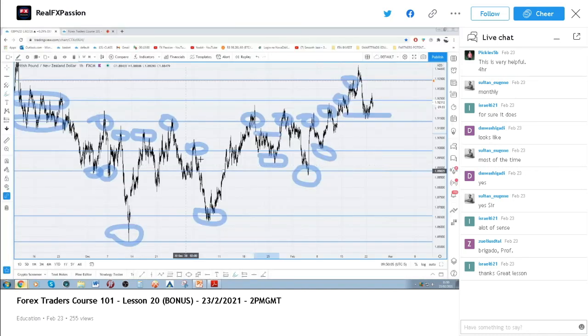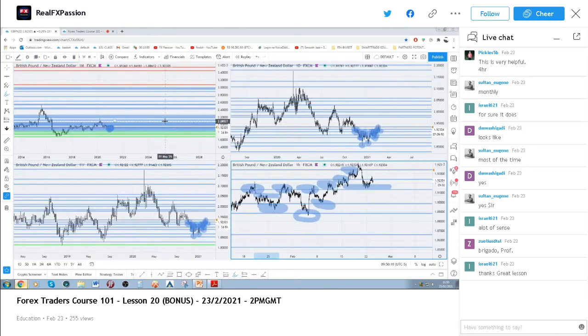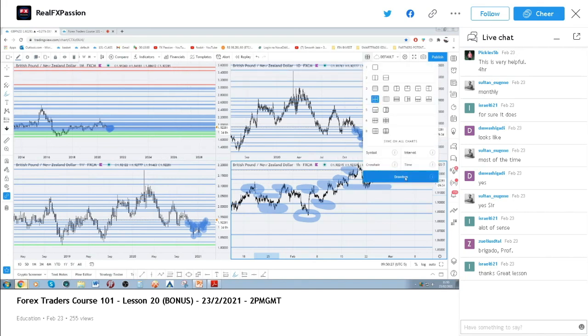Okay, everybody, so this would be the homework. If you are going to use support resistance pivot points, have it on all of the charts that you are using. TradingView has this great feature. You are going to click on drawings. You are going to do it just one time. Is it time consuming?